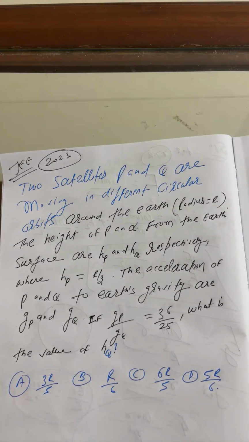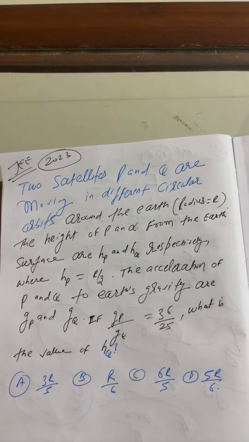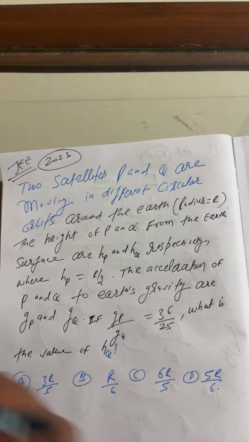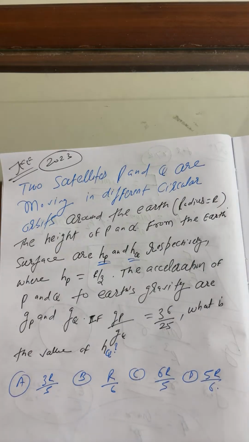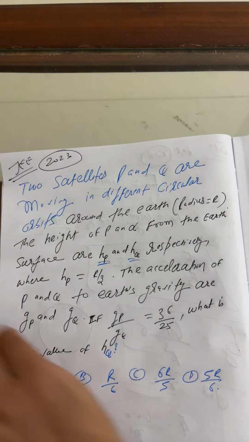Question: two satellites P and Q are moving in different circular orbits around the Earth. Radius R. The heights of P and Q from the Earth surface are HP and HQ respectively, where HP is R by 3.